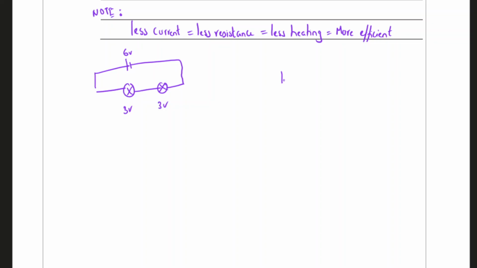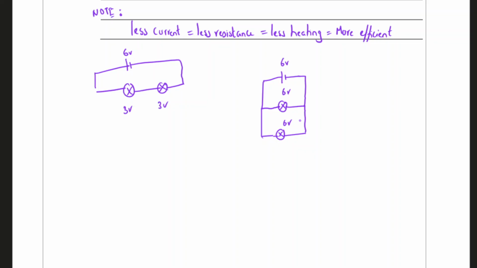If they are connected in parallel like this, if this is 6 volts, this will be 6 volts and this will also be 6 volts.